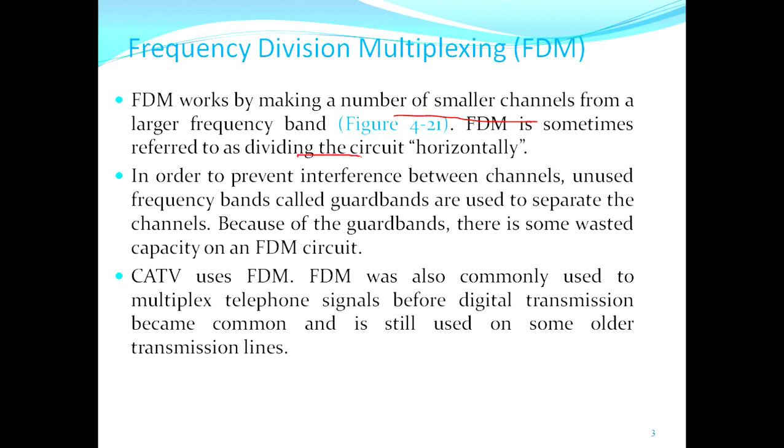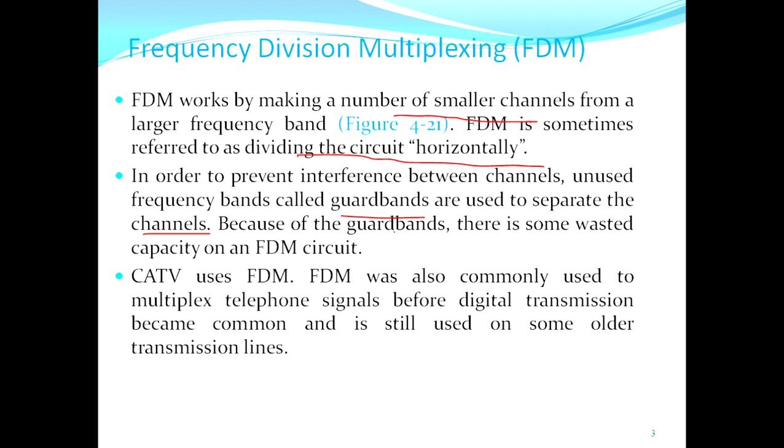Frequency division multiplexing is generally described as dividing the circuits horizontally, right? In order to prevent interference between the channels, we generally use a guard band inserted between two consecutive sub bands to avoid interference between consecutive channels. It is actually a wastage of bandwidth used to separate two consecutive channels.